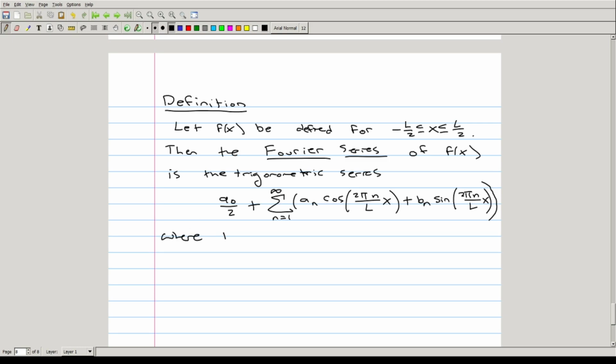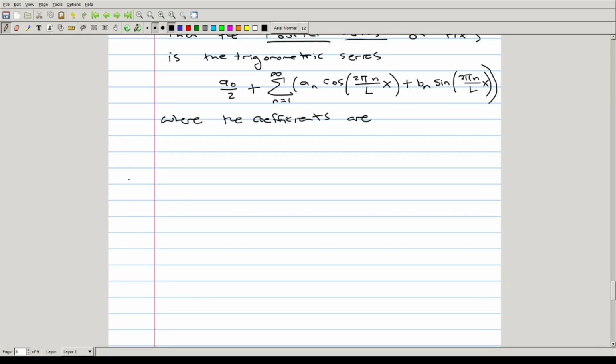Where the coefficients are the integrals, the definite integrals that we talked about before. a0 is 2 over L times the integral from negative L over 2 to positive L over 2 of f of x.